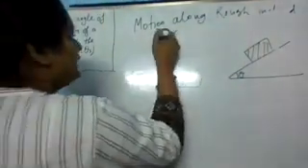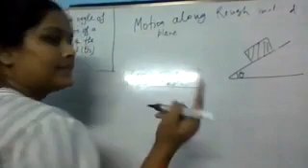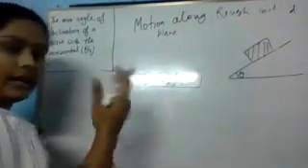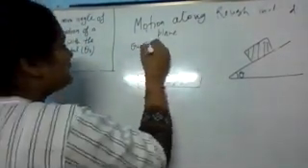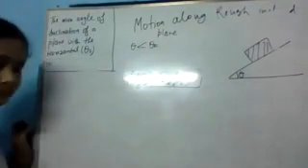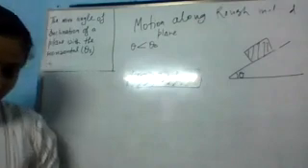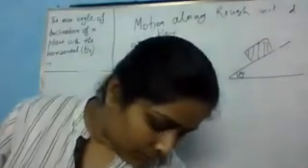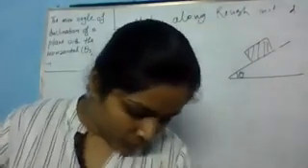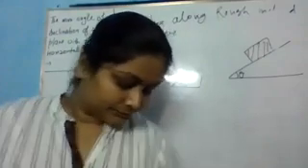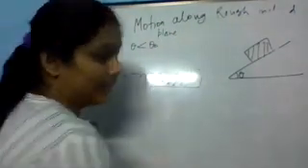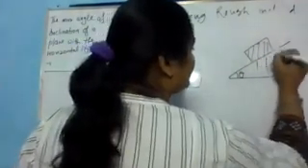In the previous condition, theta is greater than the critical angle, the angle of repose. Now here theta is less than theta c. So what we will do now, here we will take the external force at any angle. Now this is your rough plane. Let's see.